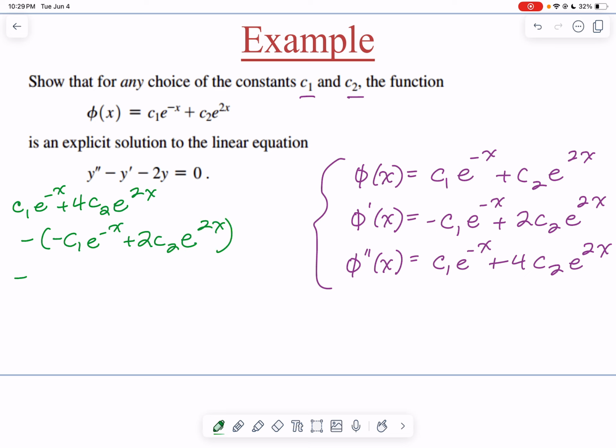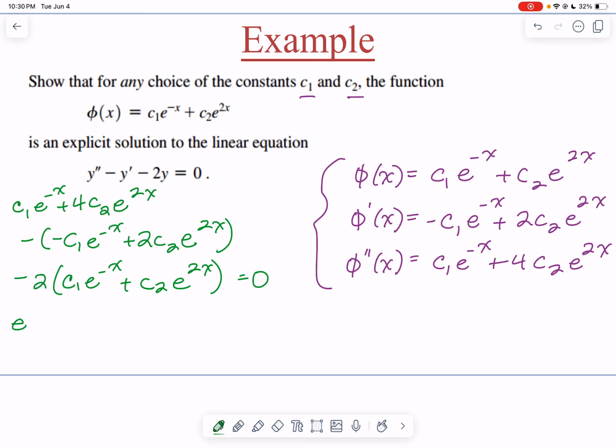And then we have minus 2 times, and now we'll go ahead and plug in our y, which is c1 e to the negative x plus c2 e to the 2x. And we're going to check to see if that's equal to 0. Let's go ahead and factor out an e to the negative x.